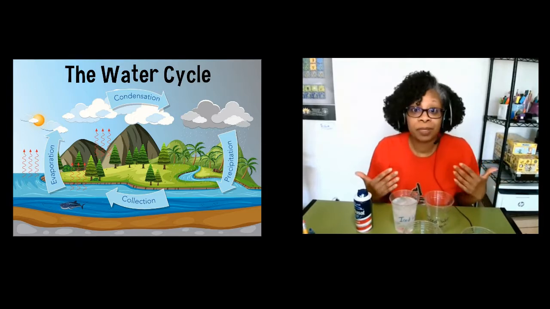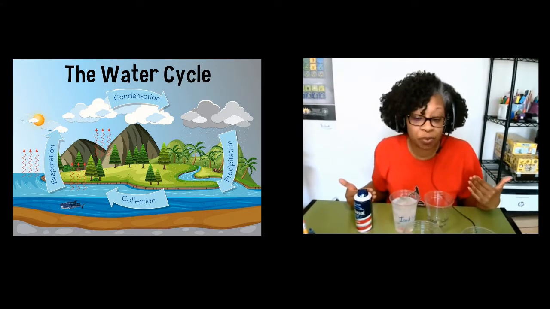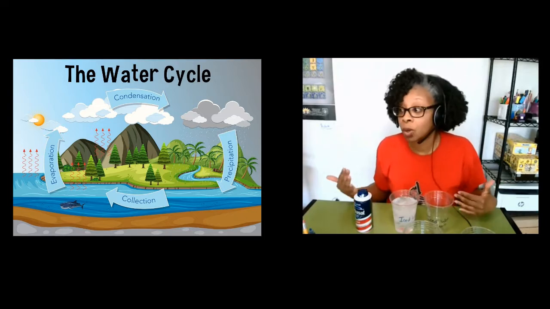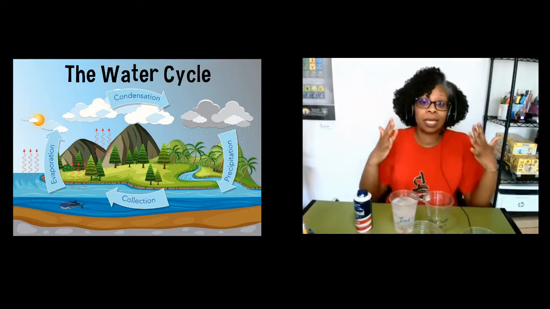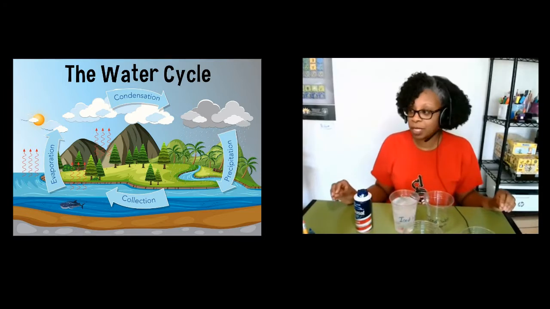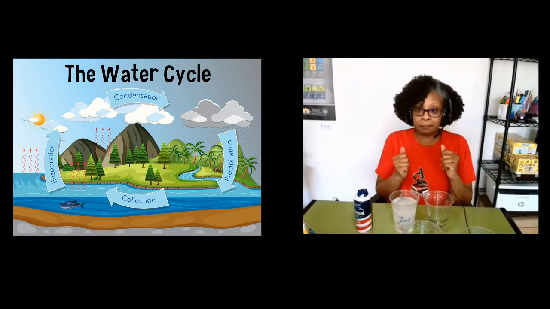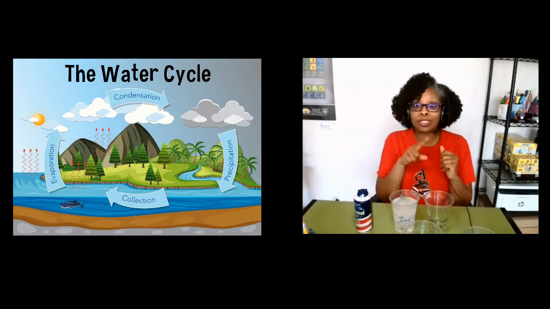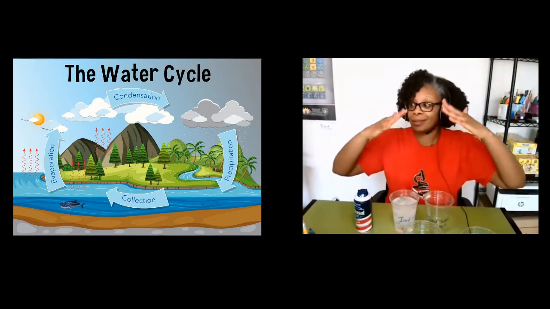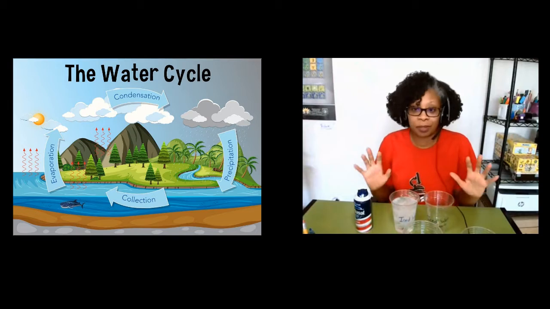And we know that precipitation is literally just water falling from the sky. So it could be any version of water. It's not only rain, it's not only snow, it's rain, snow, sleet, hail. Water falling from the sky, precipitation. And then it falls down and it gets collected in some way. And then that whole cycle starts back up again. Evaporation, condensation, precipitation, collection, people, okay?